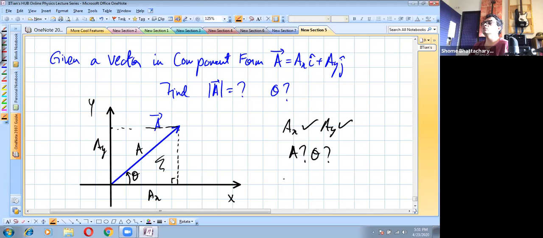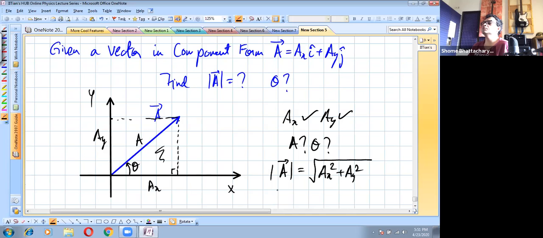So the magnitude of a vector becomes like the hypotenuse for its perpendicular sides. Very simple. And theta becomes such that tan theta is AY by AX. So this is the reverse of what we saw earlier: given AX and AY, this is how we find mod A and the angle theta.